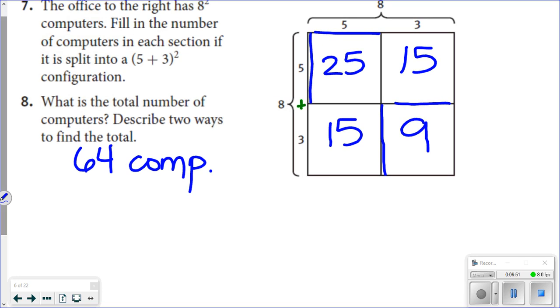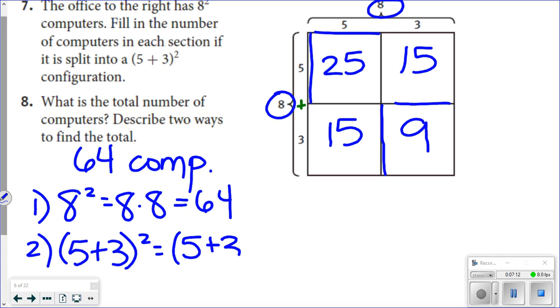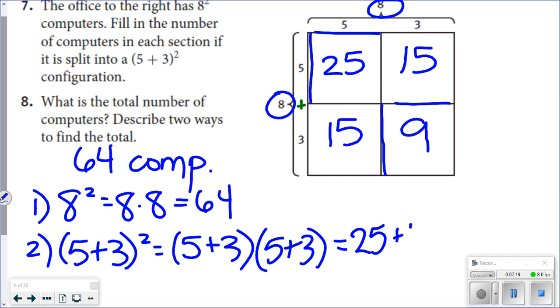Well, they told us 8 squared. 8 squared is 8 times 8, which was this total side multiplied by that total side, which gives us 64. Another way to do it is to think about 5 plus 3, multiplied by 5 plus 3, which equals 25 plus 15 plus 15 plus 9, which gives us 64.